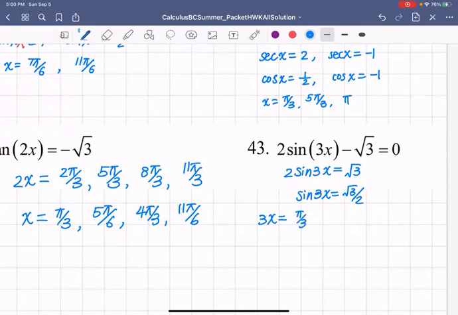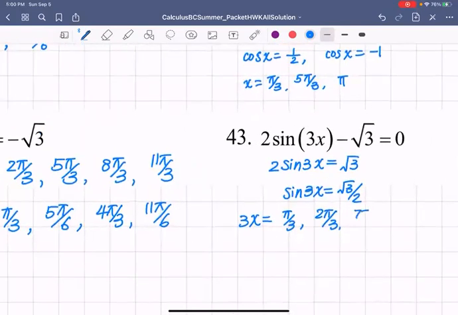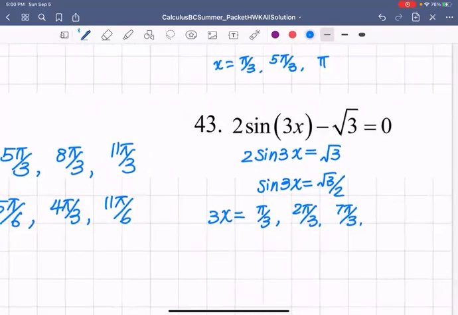Very good. Continue. 2 pi over 3, 7 pi over 3, 8 pi over 3, 13 pi over 3, and then 14 pi over 3. Very good. So you keep adding 2 pi.